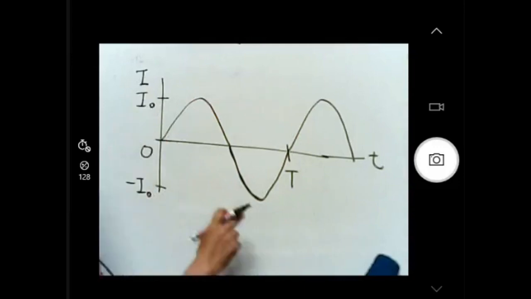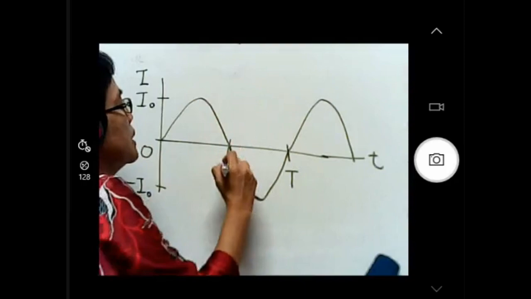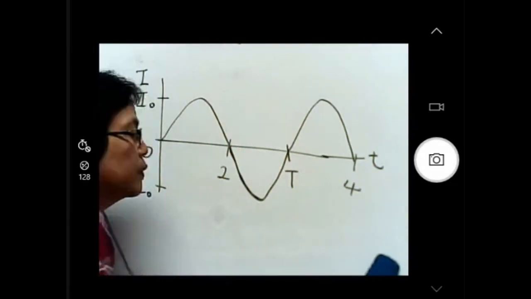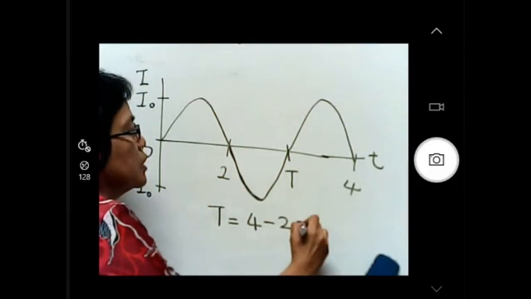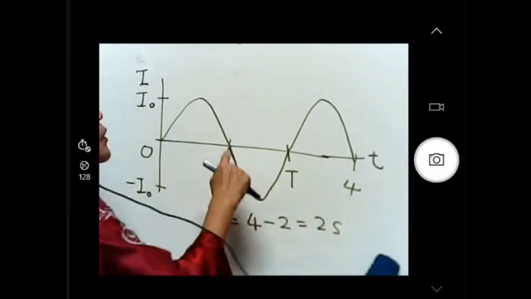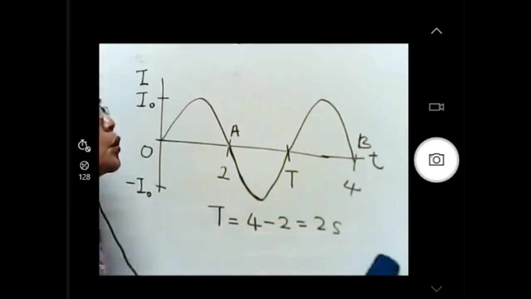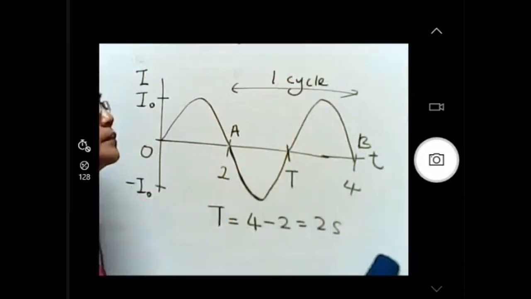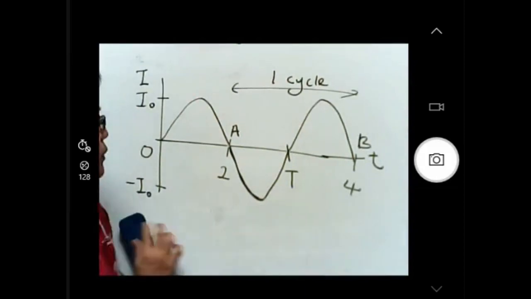So you can extract two pieces of information from this graph. For example, let's say this is 2 and this is 4, meaning the period will be 4 minus 2, which is 2 seconds, because from point A to point B is also considered one cycle. Simple, isn't it?